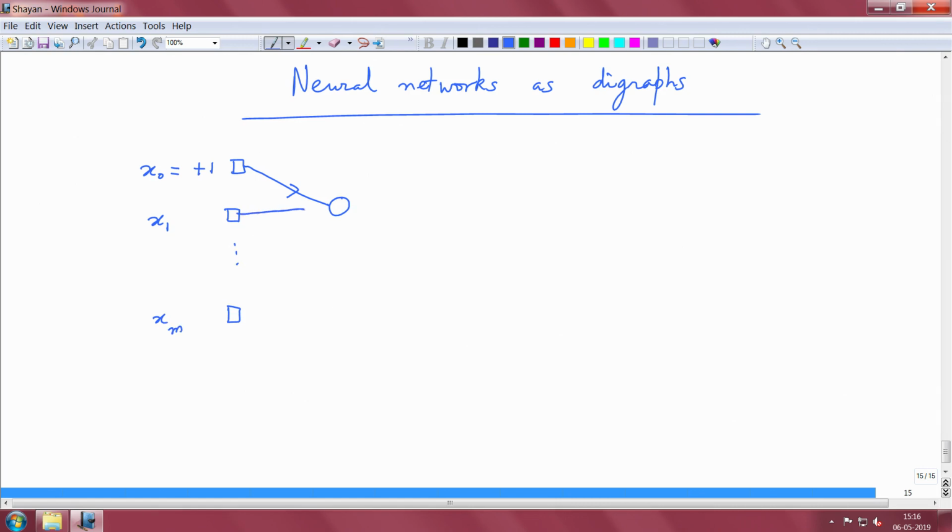We will connect this through edges to the linear combiner, and we have an output y k.